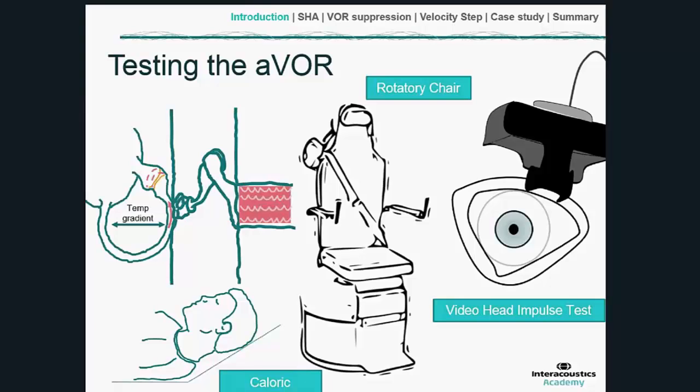The manual head rotation that you can achieve with the V-HIT over the chair, and there remains the possibility of testing all 6 canals, so you can rotate the head in the plane of all 3 pairs of semicircular canals.